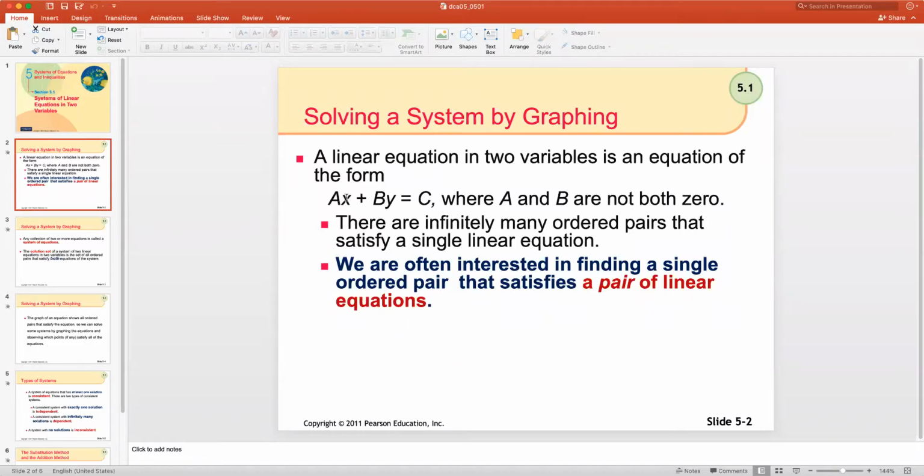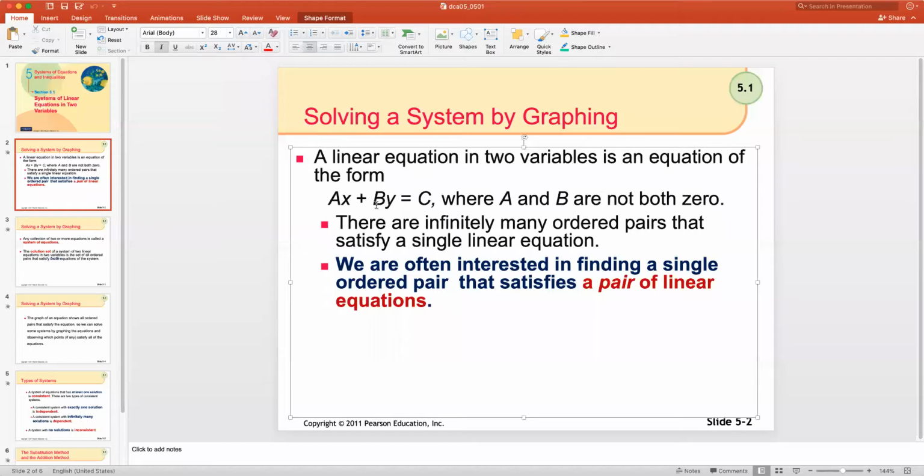So there are infinitely many ordered pairs that satisfy a single linear equation. We figured that out because whenever an x value is given, the y value will be determined, right?